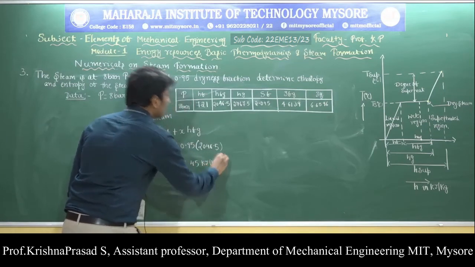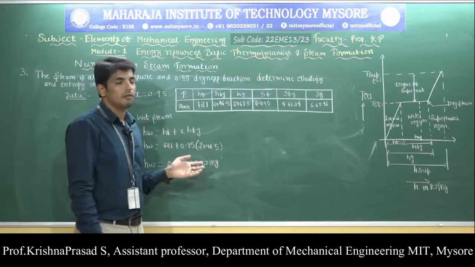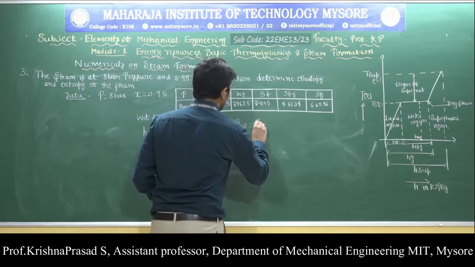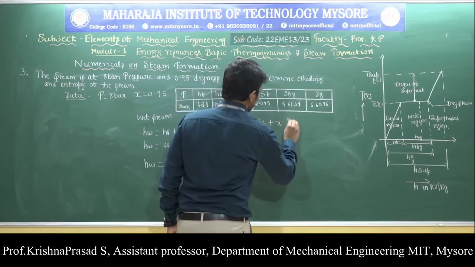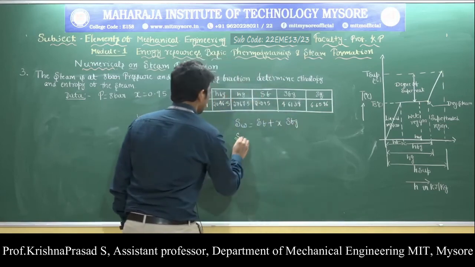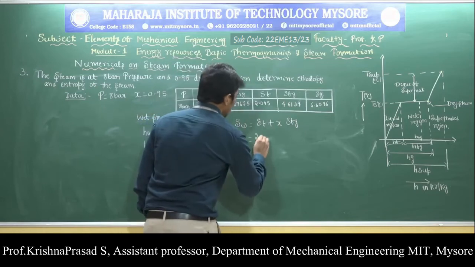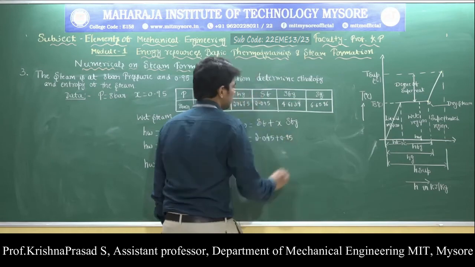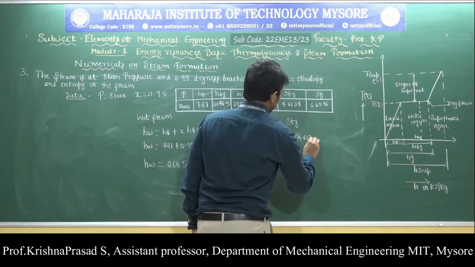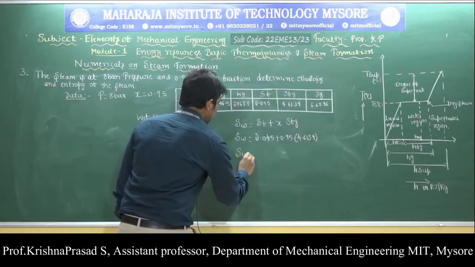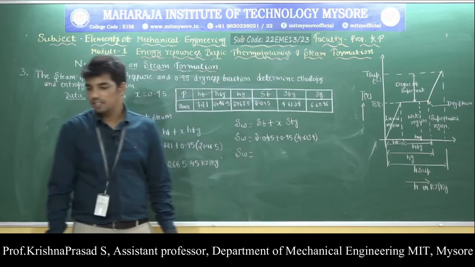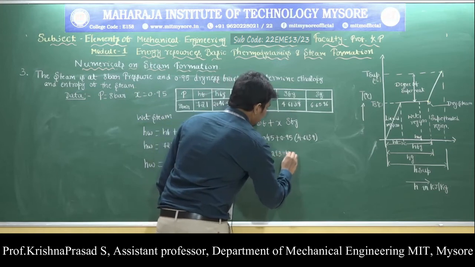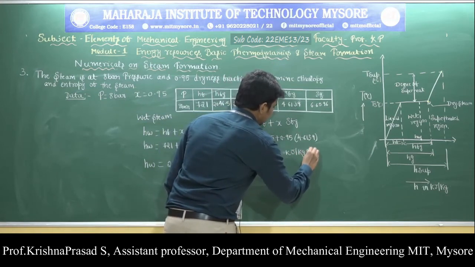Similarly, for the entropy of wet steam with 0.95 dryness fraction, the formula is Sw is equal to Sf plus x into Sfg. So what is the value of Sw? Here Sf is equal to 2.045 plus x, which is 0.95, times Sfg, which is 4.6139. After simplification, the entropy of wet steam is equal to 6.4293 kilojoule per kg Kelvin.